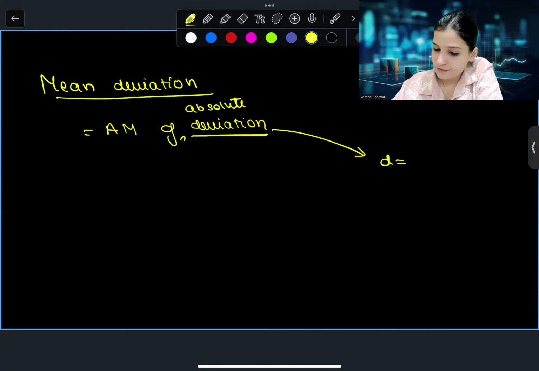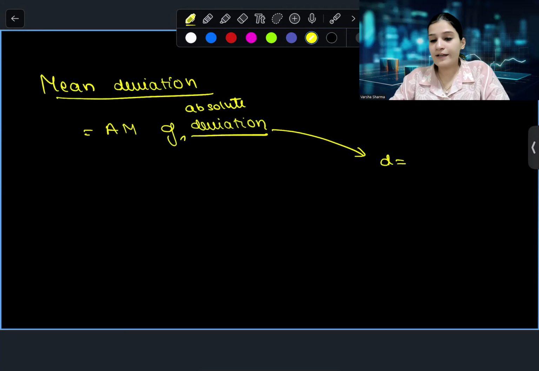So deviation D is the difference x minus a.